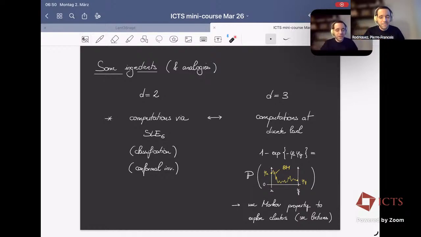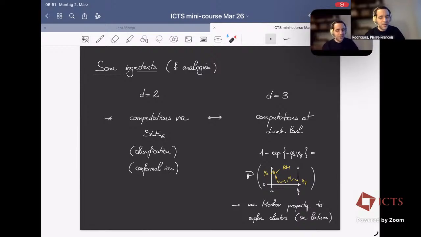Just to give you an idea: if you look at the probability to open an edge when a is equal to 0, this is 1 minus exp of minus phi x phi y that I wrote here, think of phi x and phi y as being positive. This is actually the probability that a Brownian bridge on an interval, say of length 1 to make things simple, stays above the barrier a equals 0. It's not exactly that, but let's not delve into this.